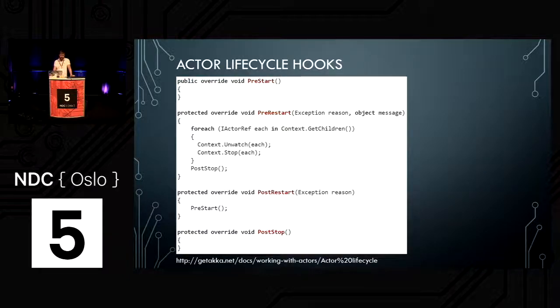But you can see that in post-restart, the way it's run is that post-restart calls pre-start. So if you have something that needs initializing once, but you don't want to initialize it on subsequent actor restarts for whatever reason the actor has to restart, then you can just override that and then take away the pre-start call, and then it will only get run the first time by the actor system.